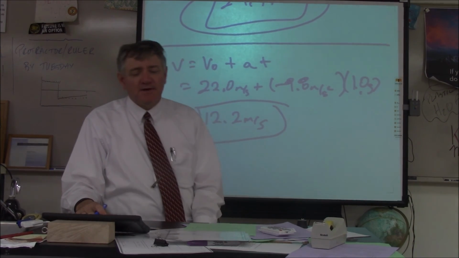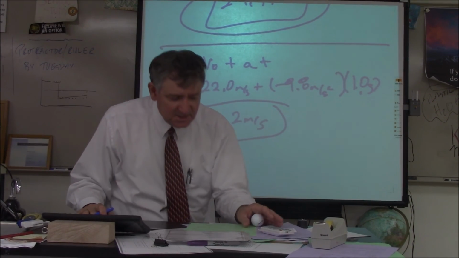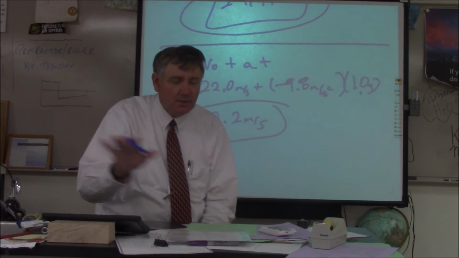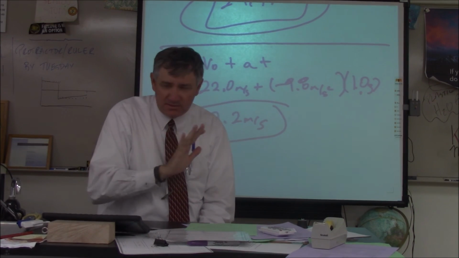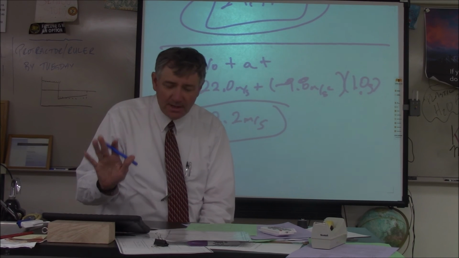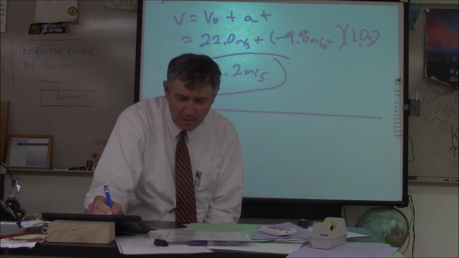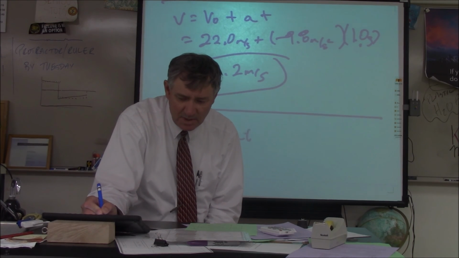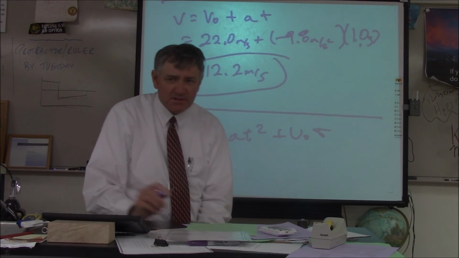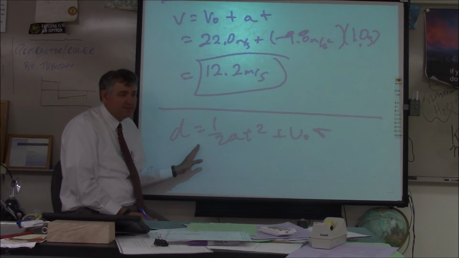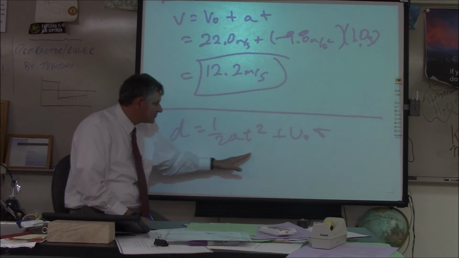Okay. Now, to find the height at 1 second, there is only one way and one way only. There's no variation on this thing. Okay? The only way you can find that height at 1 second is to do distance equals 1/2 AT squared plus V naught time. So this is like a function equation.